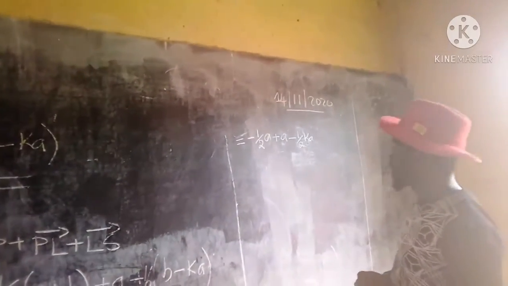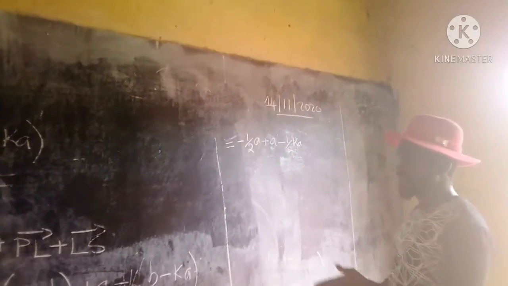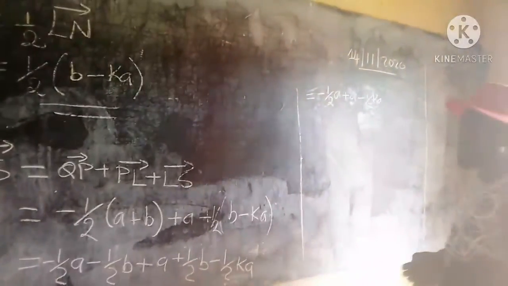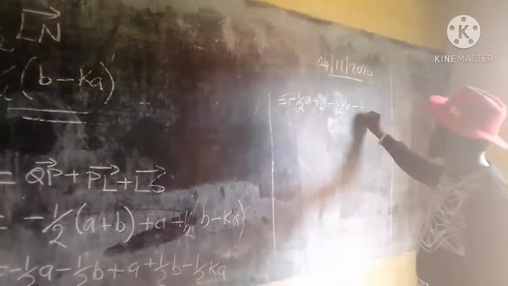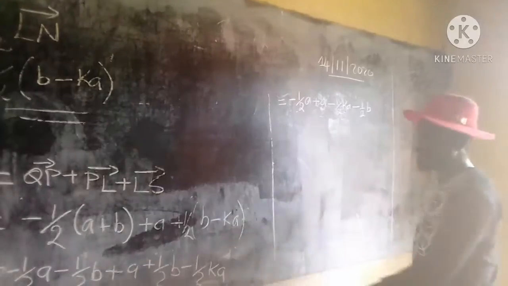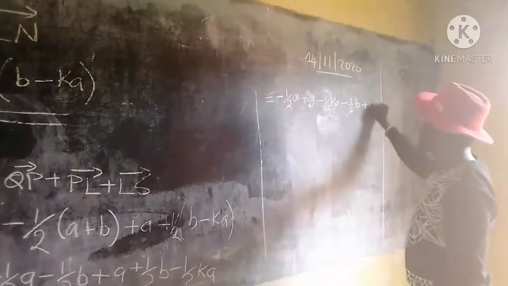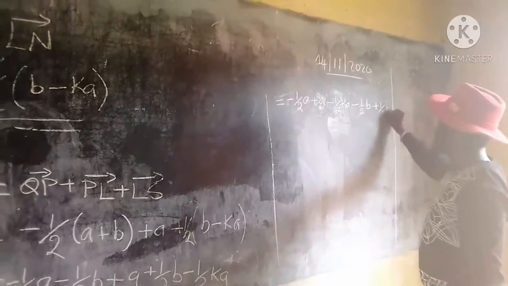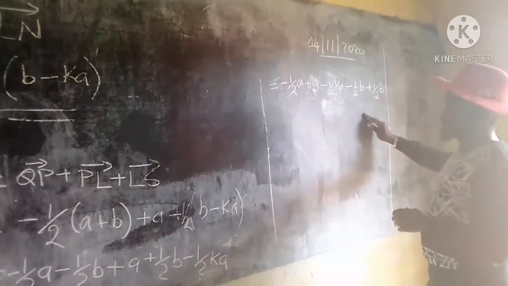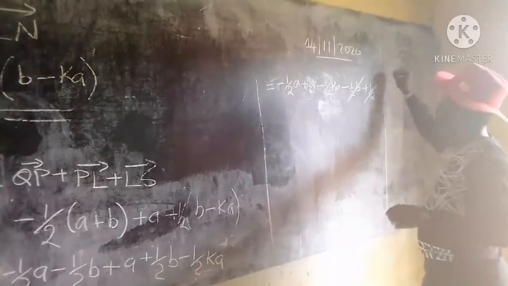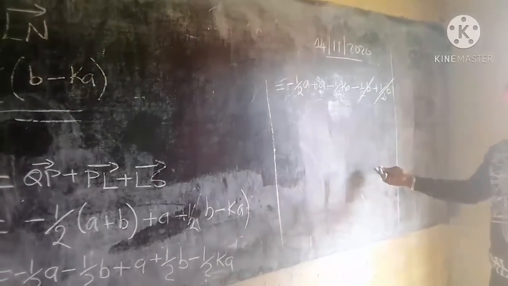These are the like terms in terms of A. In terms of B, we have minus half B and plus half B. You see that this goes away, because minus half B plus half B is 0.